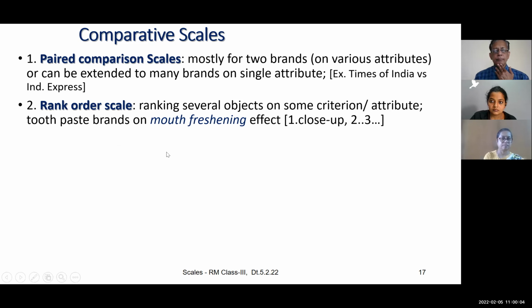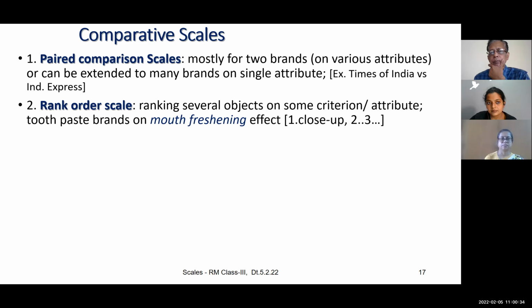I have a doubt, sir. Yeah, please. Sir, as you said in paired comparison, you gave an example of Times of India and the other newspaper, the Express. Are we making the comparison at the same time in a paired comparison scale and in rank? Same time. Because in ranking order, you said we are comparing on one attribute.